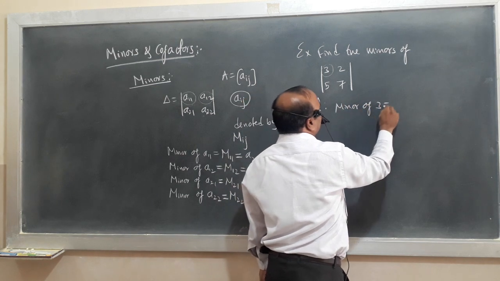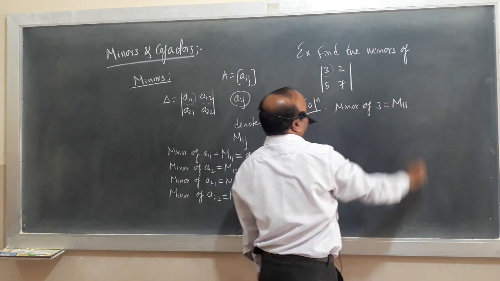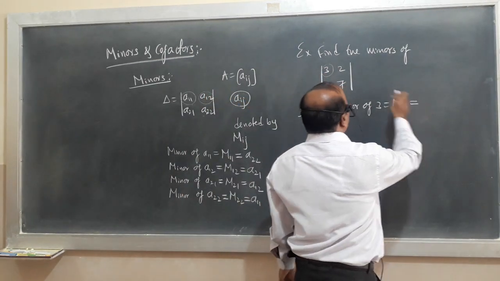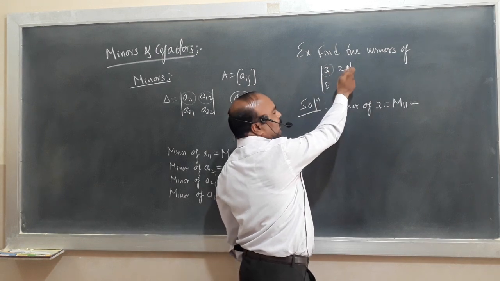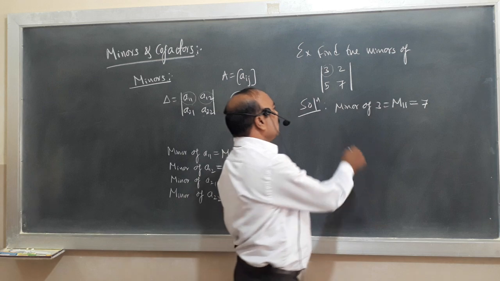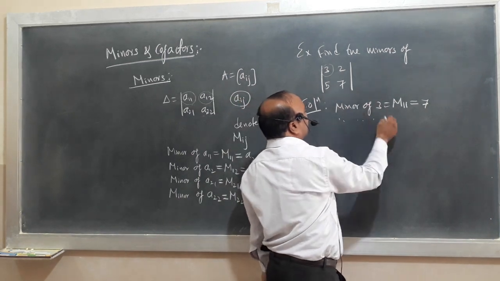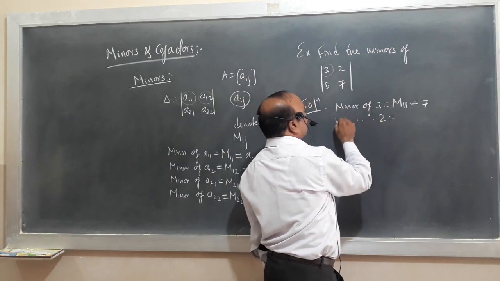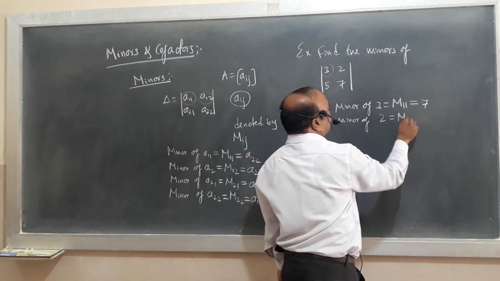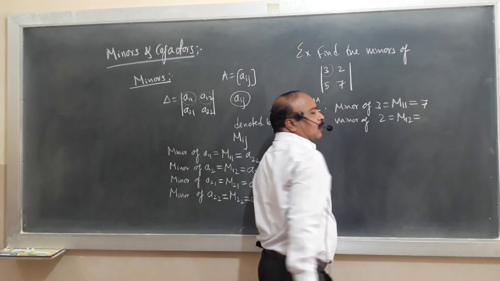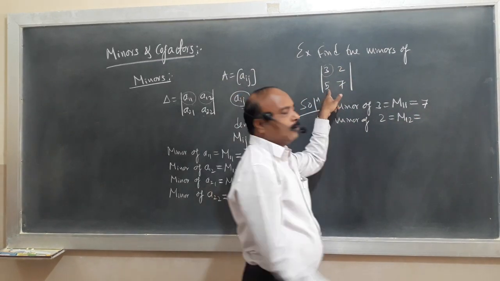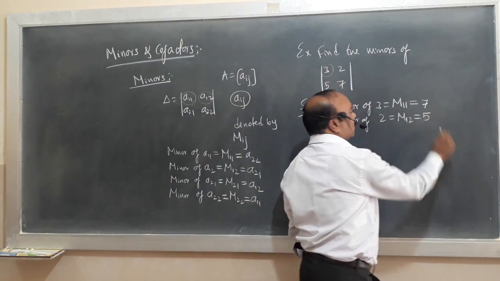Minor of 3 is given by M11 because it is the A11 element. Deleting this column and this row we get the answer 7. Similarly, the minor of the second element 2 is given by the symbol M12. If you delete this column and this row, we get the element 5. That is the minor of this element.